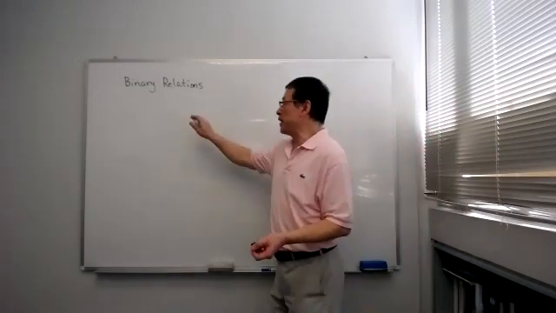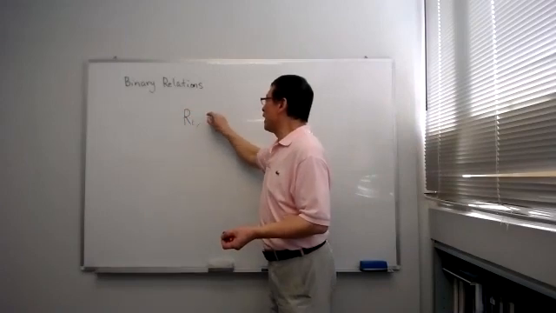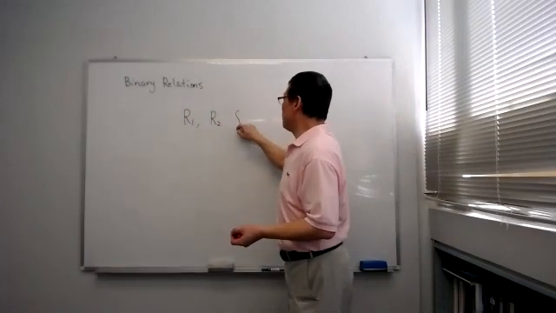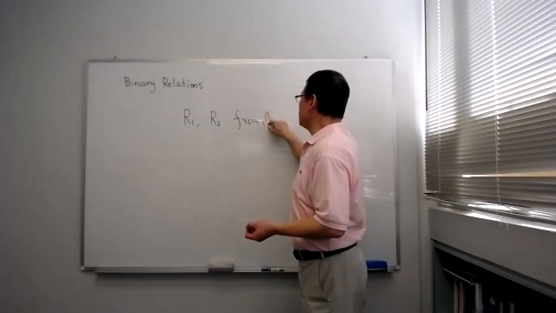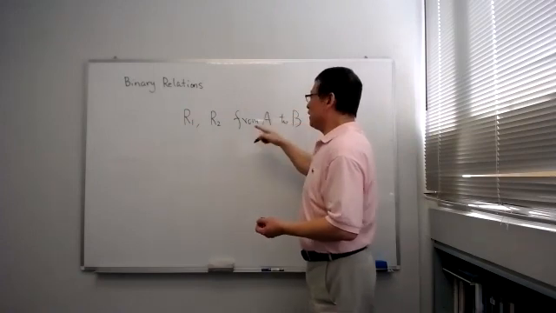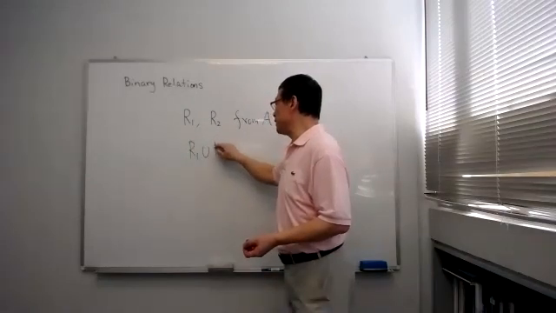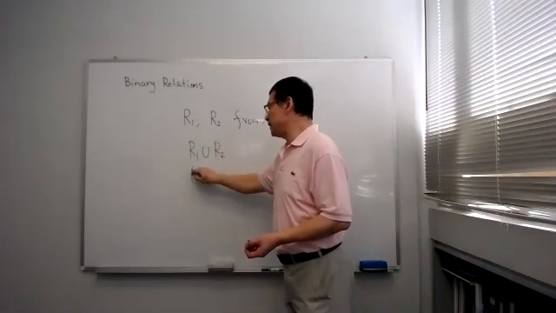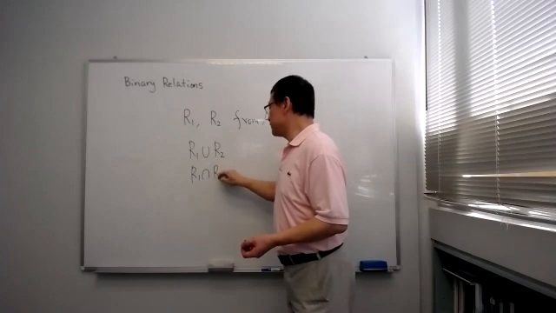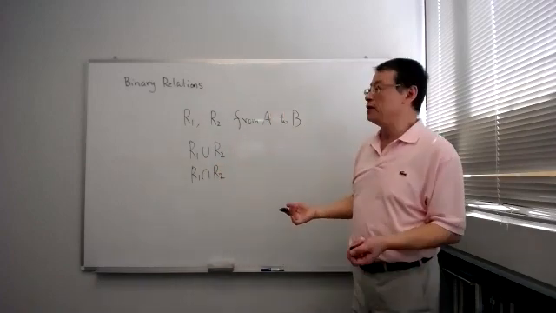For example, if we have 2 relations, R1 and R2, from set A to B, we can produce a new relation, that's the union of these two sets, or the intersection of these two sets, and so on. That's very simple.